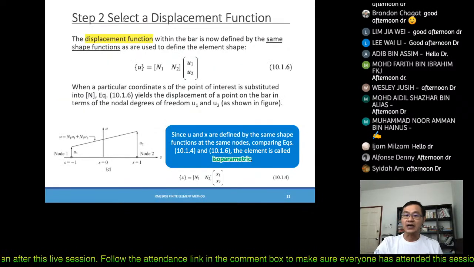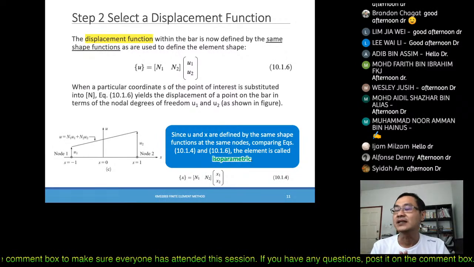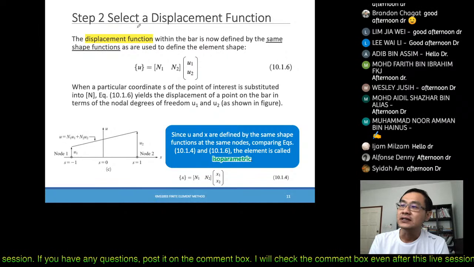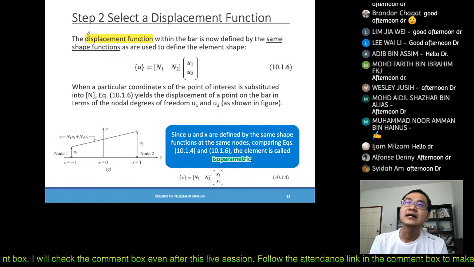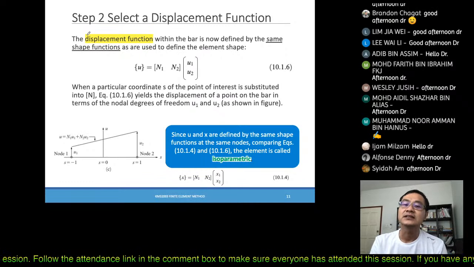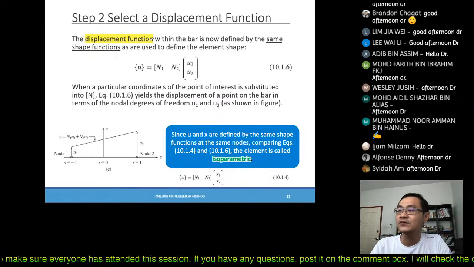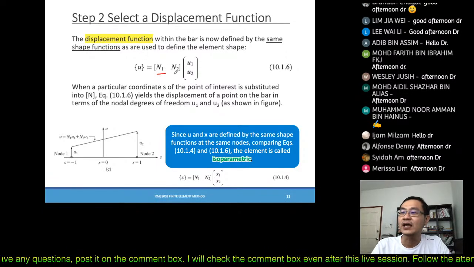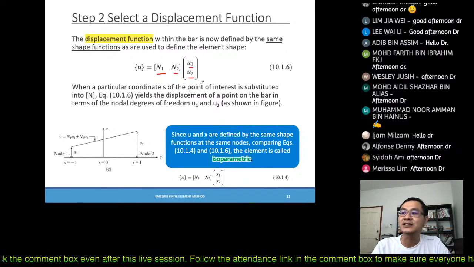So now our main focus is to use the natural shape functions, the natural coordinate, right? So we will now again use the displacement functions. After we have the shape function for an element, we will start to derive the displacement function and so on. If you notice, the displacement function is just a regrouping of the previous. When we regroup them, we have n1, n2, the previous x displacement and displacement number 2.